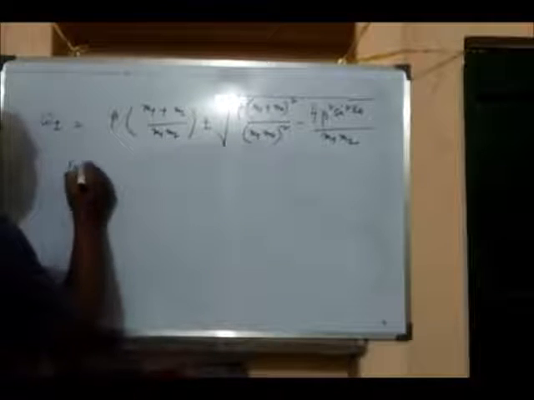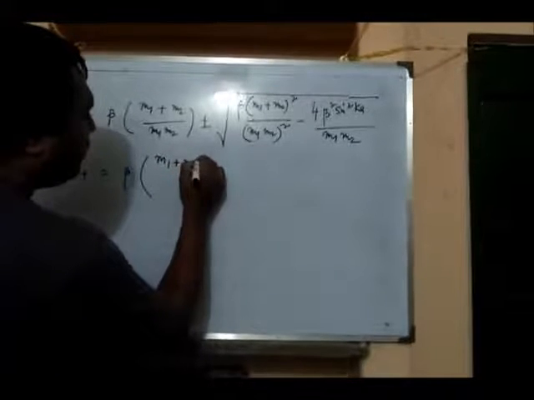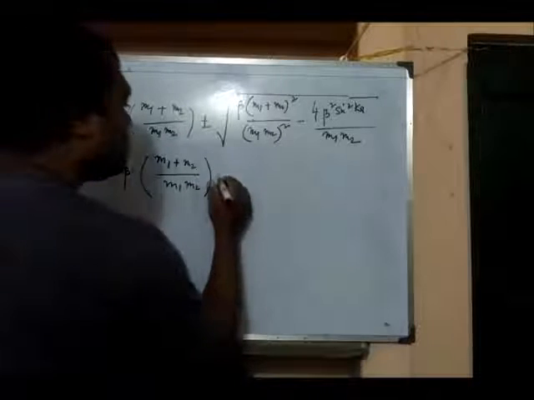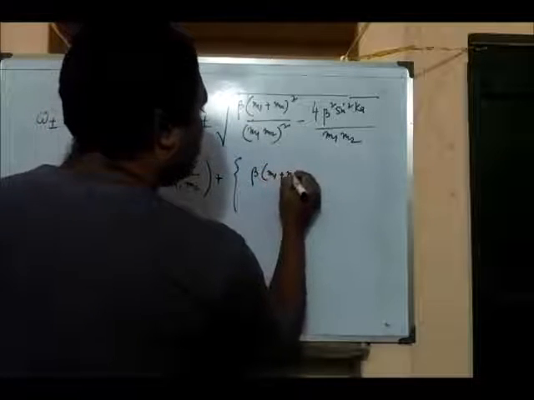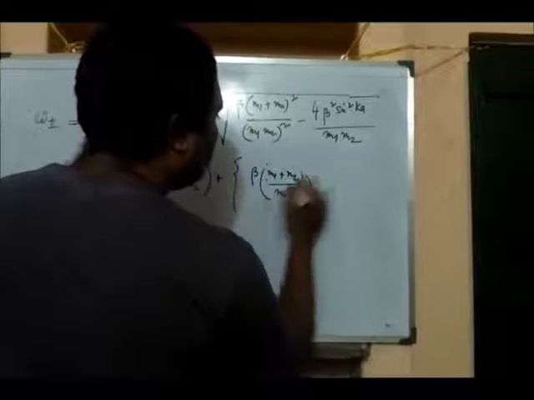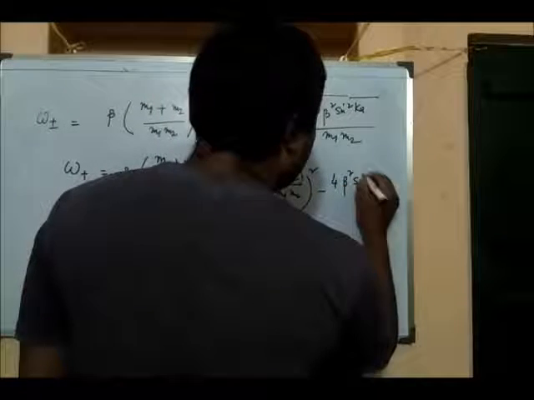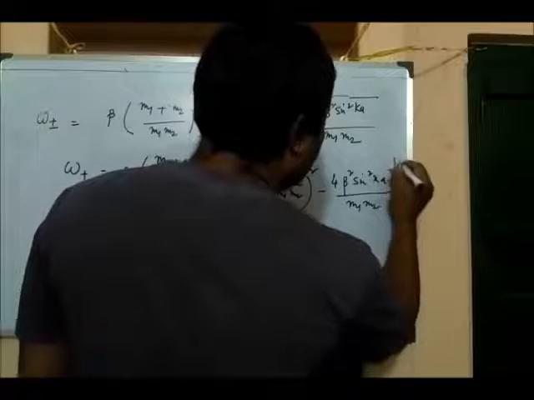Now the frequency with omega plus has the term beta (m1 plus m2) by m1 m2 plus the square root of (beta (m1 plus m2) divided by m1 m2) square minus 4 beta square sine square Ka divided by m1 m2.